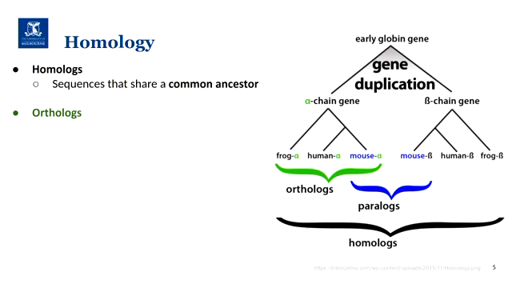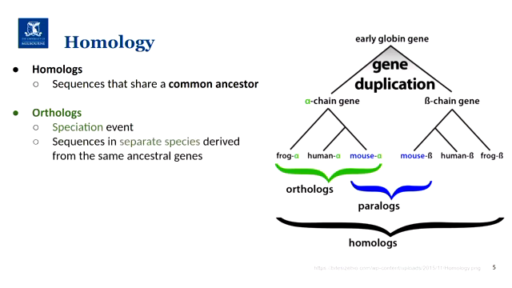Okay? And orthologs would be homologous sequences that appeared from a speciation event. For instance, we had a common ancestor between human and mouse, and because of that, they are orthologs. So we have a speciation event, and they have a common ancestor, and that was due to speciation. So orthologs are sequences in separate species that derive from the same ancestor gene.